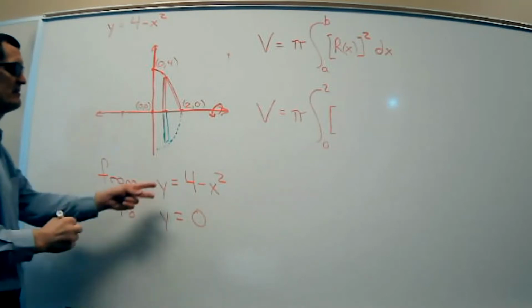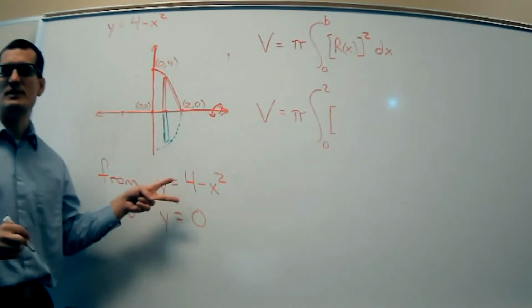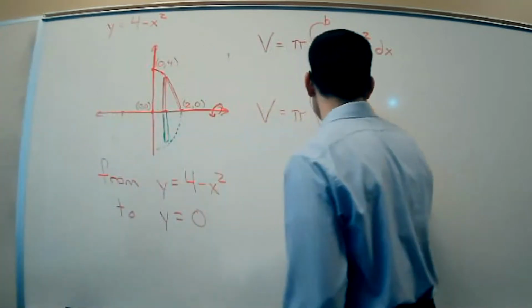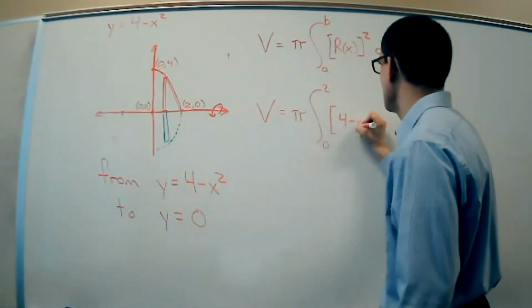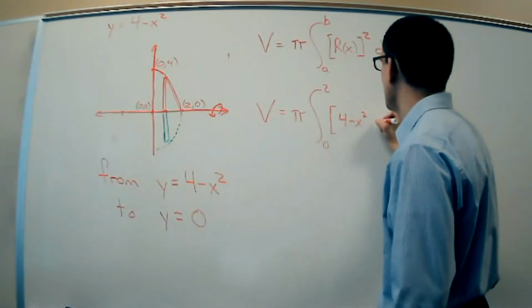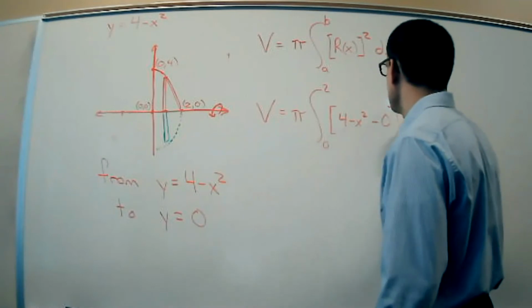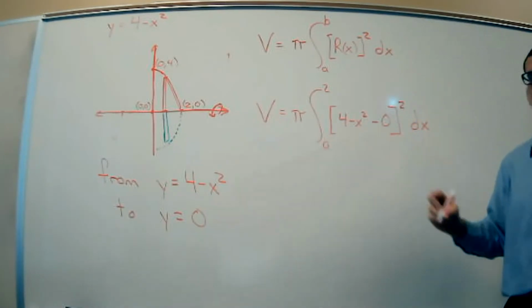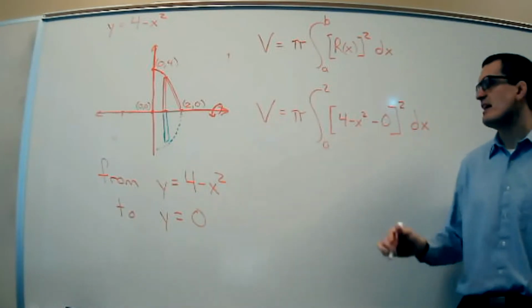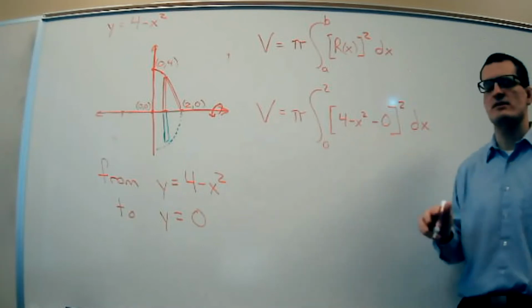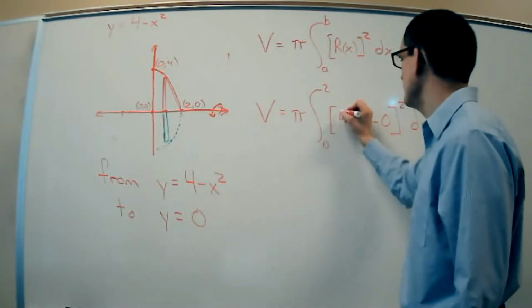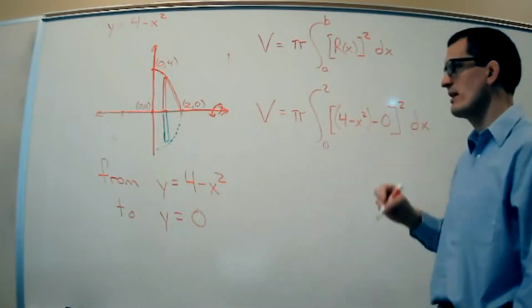So my radius is the distance between these two curves, which in this case is 4 minus x squared down to 0. And that's it. Obviously, in this case, subtracting 0 isn't going to do anything. So it's basically just 4 minus x squared, quantity squared.